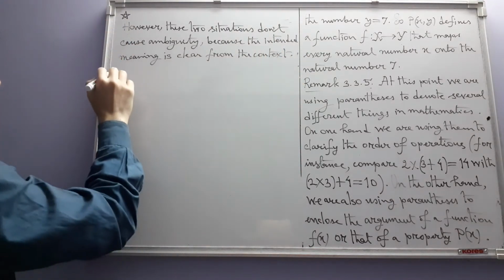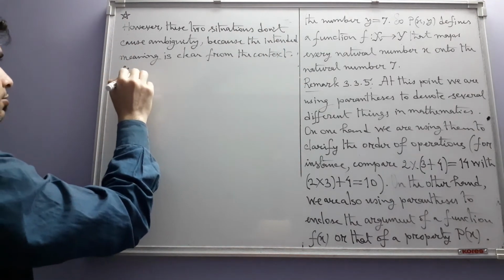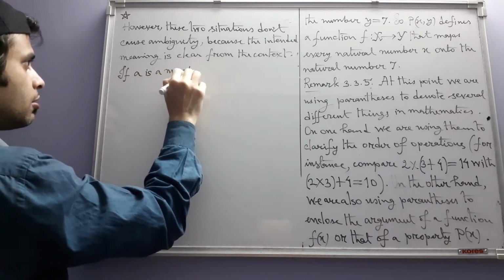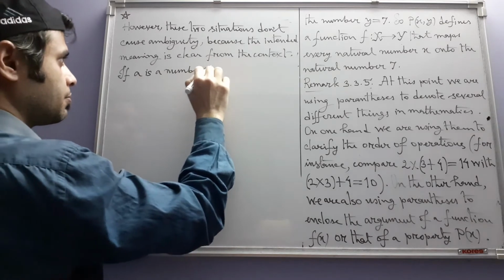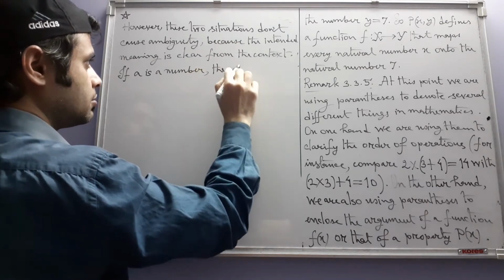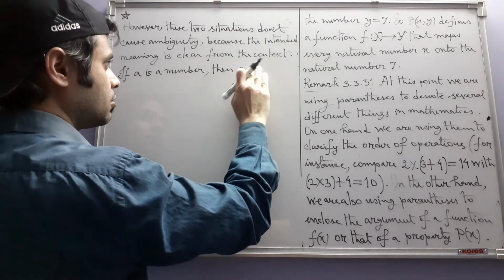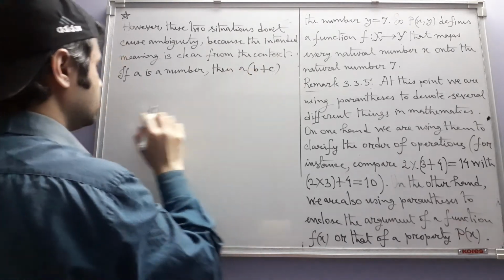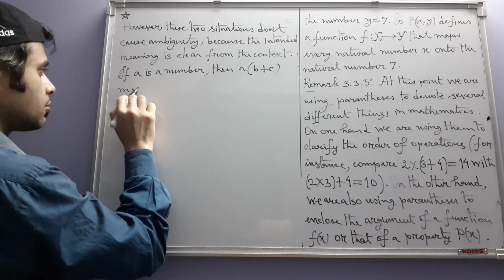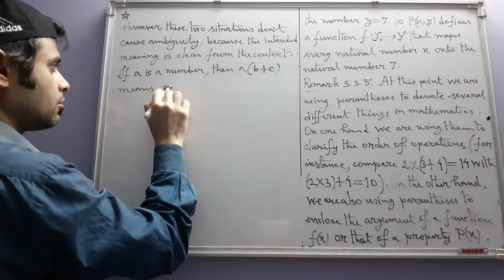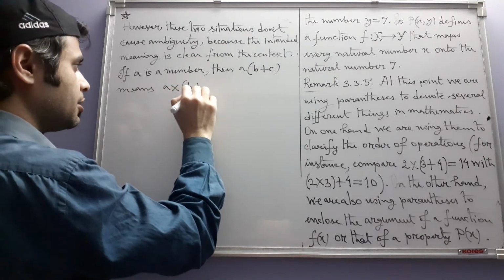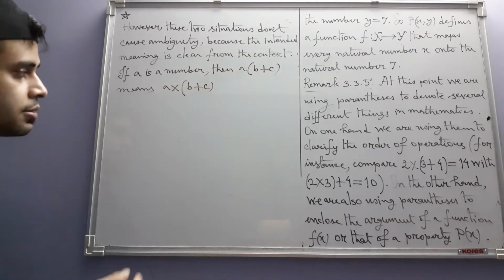And how is it clear? If a is a number, then a times (b plus c) means you take the product of a and the sum b plus c, where b and c are of course numbers.